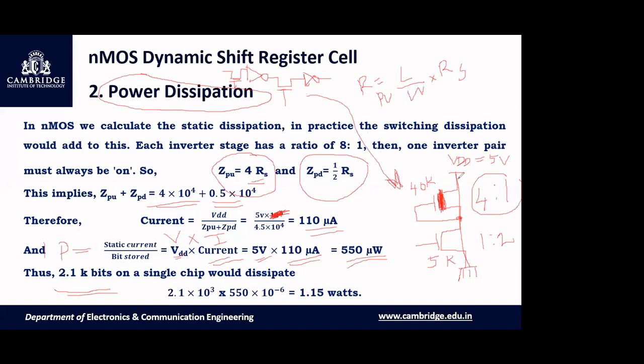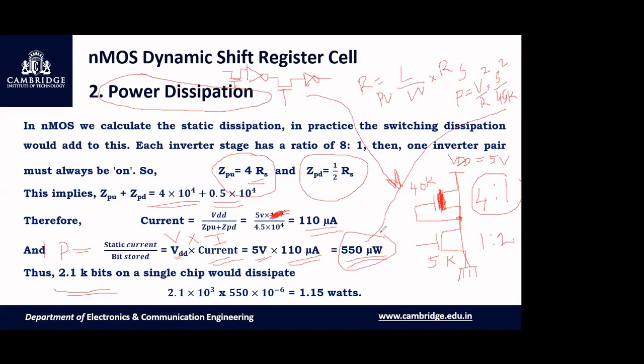You can first find current and then multiply with voltage to get power, or else you can use the formula directly: P is equal to V square divided by R. Earlier we had used this formula. V square is 5 square, and the total resistance is 40K plus 5K, which is 45K, which gives 550 microwatt.